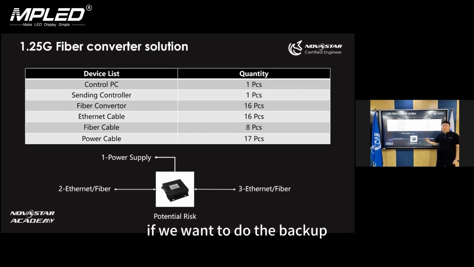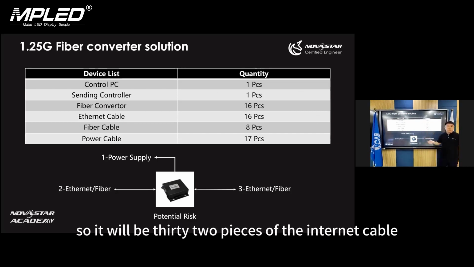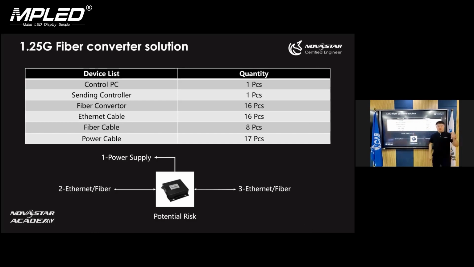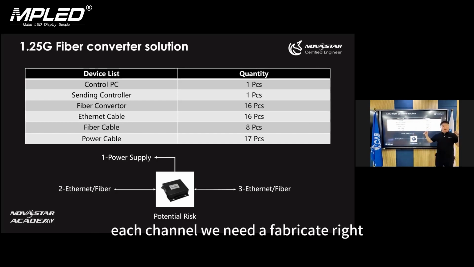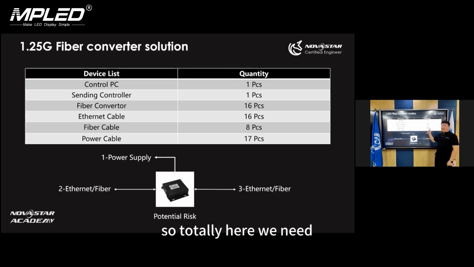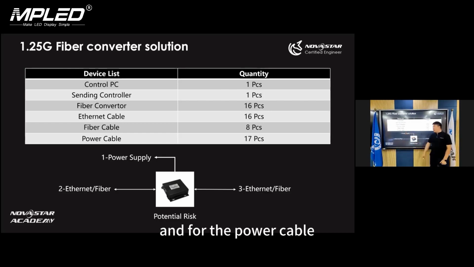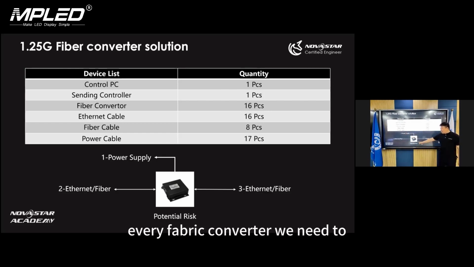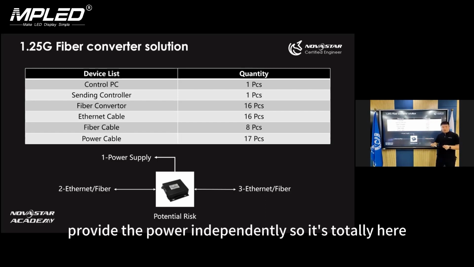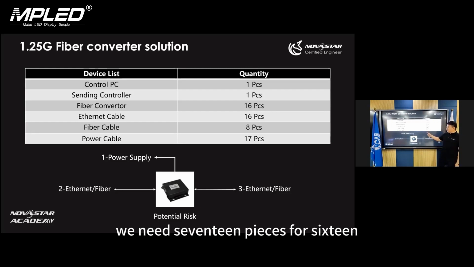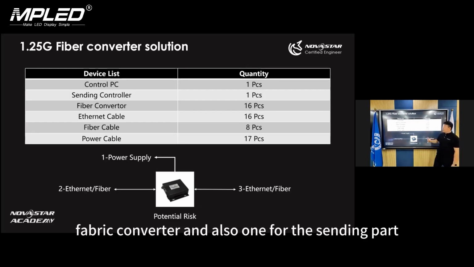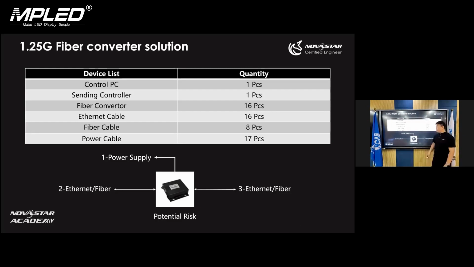If we want to do the backup, it will be 32 Ethernet cables. For the fiber cable, each channel needs a fiber cable, so totally here we need 8 fiber cables to transmit all the data. And for the power cable, every fiber converter needs to be powered independently. So totally here, we need 17 pieces: 16 for the fiber converters and also 1 for the sending part.